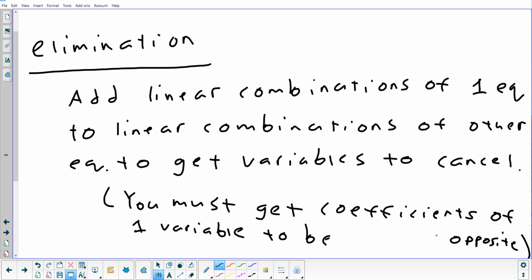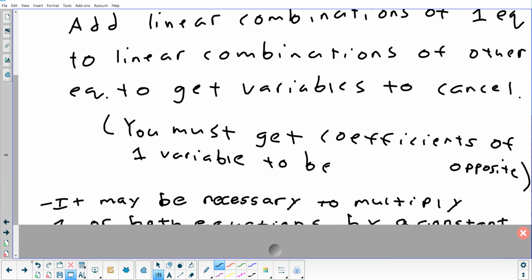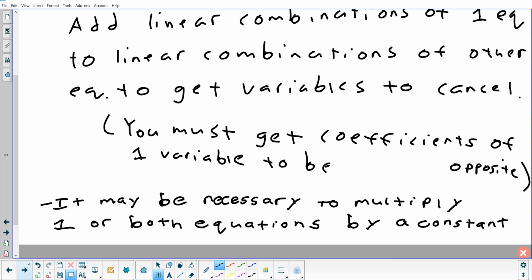So you have to get the coefficients of one of your variables to be opposites. To do that, sometimes you have to multiply one equation through by a constant. Sometimes you have to do both equations.